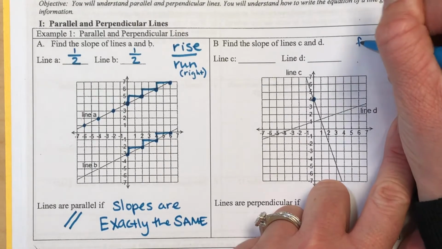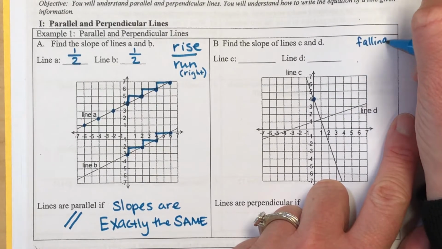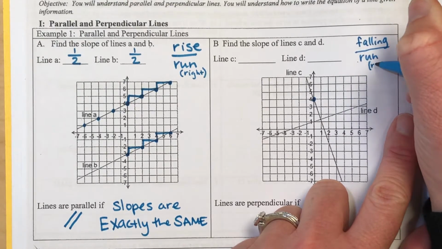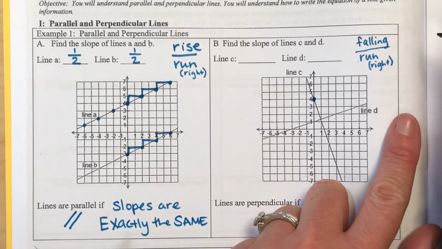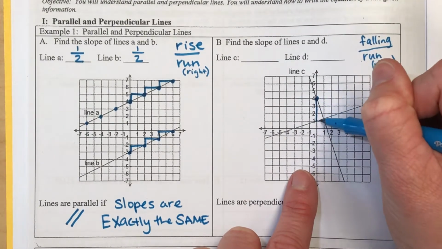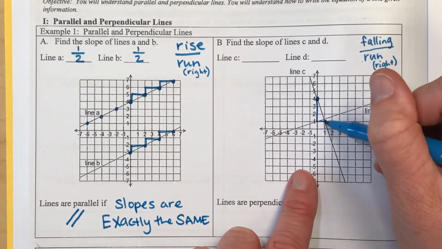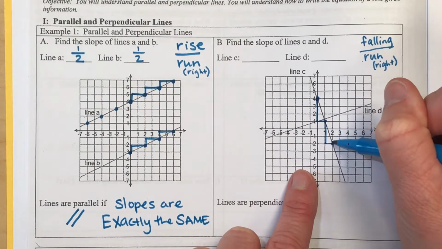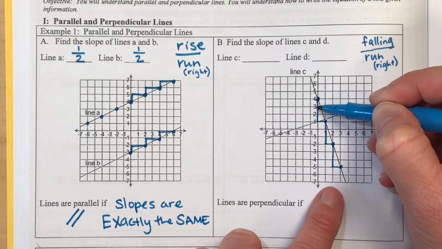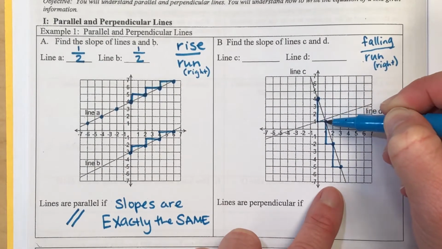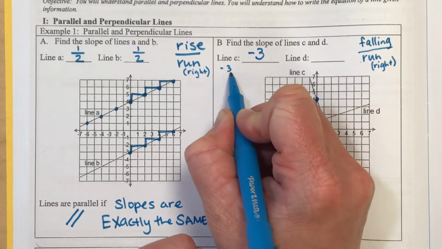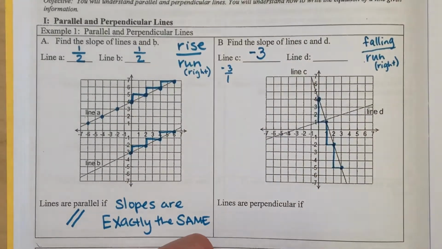In this line, I notice it is falling, and I'm also going to track its run, which will again be to the right. I notice that it is going down 3 units and over 1, and down 3 units over 1 would simplify to be -3.